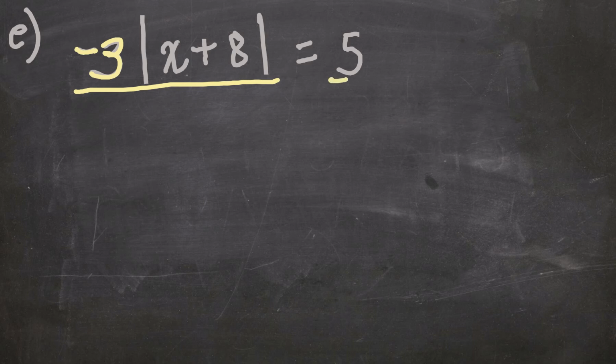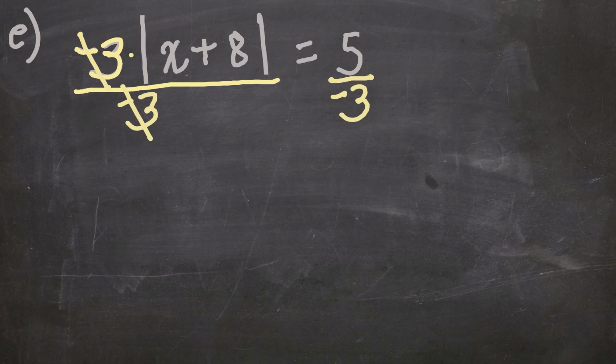But we're not going to do that. We're going to actually say, okay, if it's multiplied by negative 3, I'm going to divide by negative 3 on both sides. Just wanted to remind you that it helps some people be more confident when they're trying to get this part done. So divide by negative 3. On the left side, it cancels out, and on the right side, I have negative 5/3.